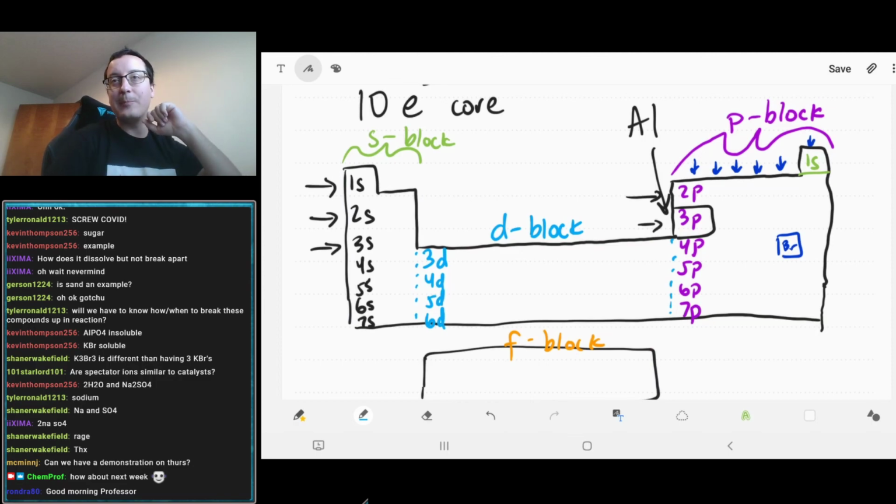It turns out that the 4s subshell is lower energy than 3D. So even though 3D is in a smaller shell, the fact that the s orbital has lower energy than a d orbital kind of overrides it in this case. And so that's always going to be the case for the s versus d comparison. Whatever the s is, it's going to be better than the d of the previous one.